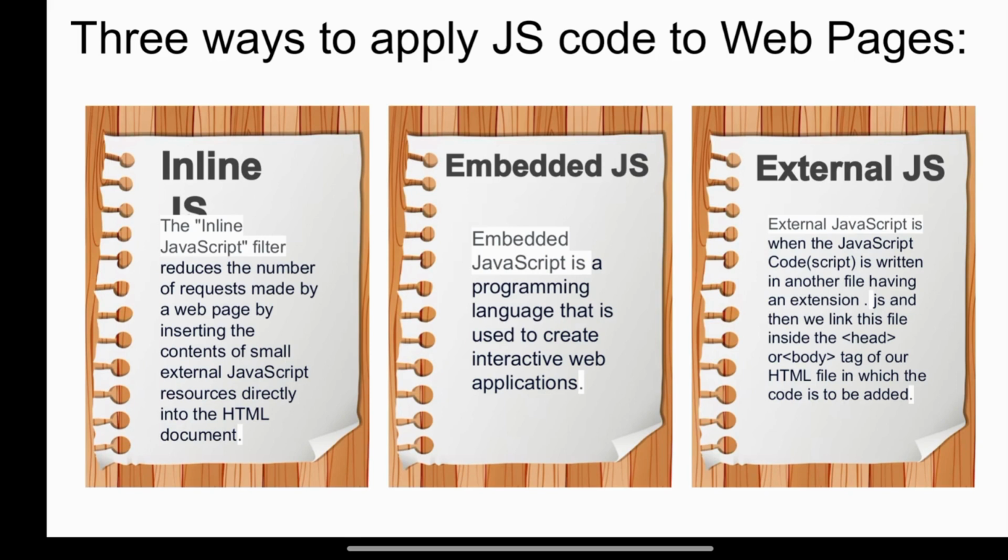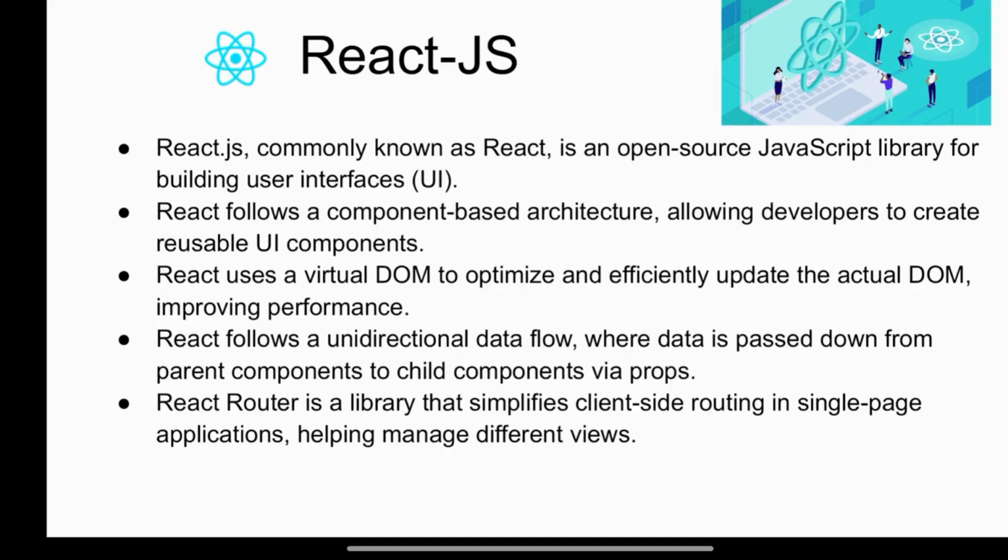And external JavaScript is when the JavaScript code is written in another file having an extension .js, and then we link this file inside the head or body tag of our HTML file in which the code is to be added. Next tool is React.js.